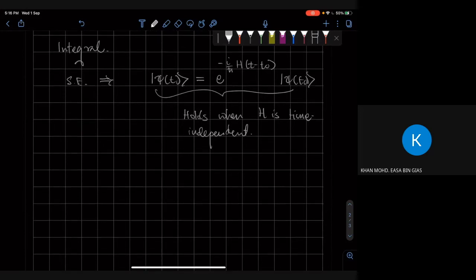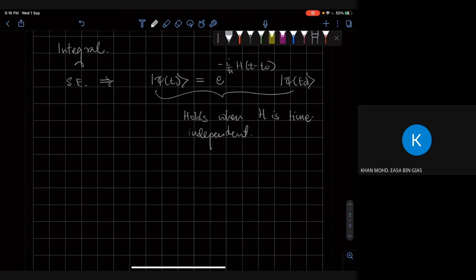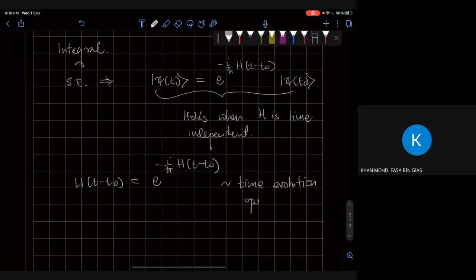Having done that, this operator is called the time evolution operator, U(t minus t naught), equal to e to the minus i over h bar H (t minus t naught). It contains all the information you need to know how the system evolves in time.